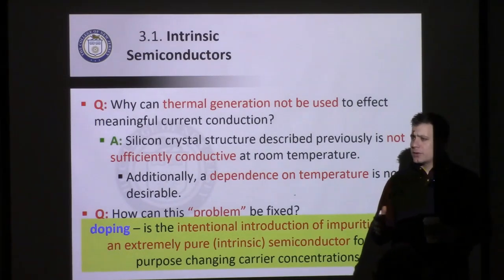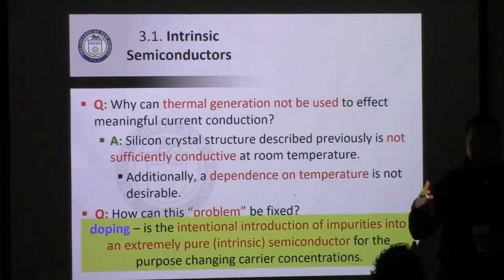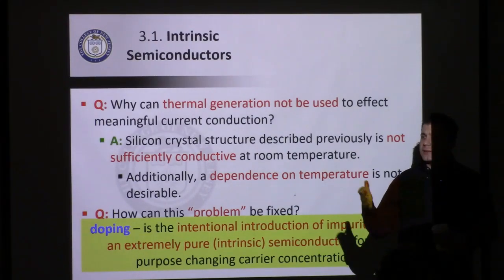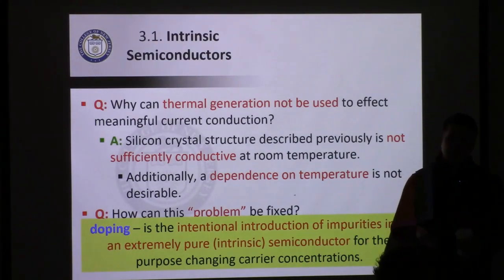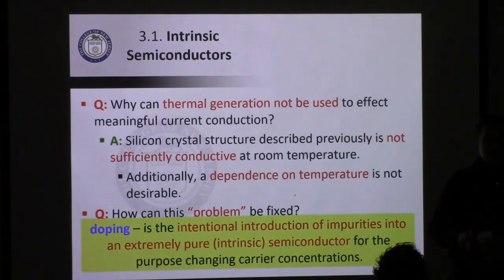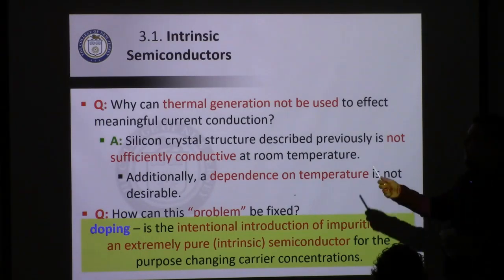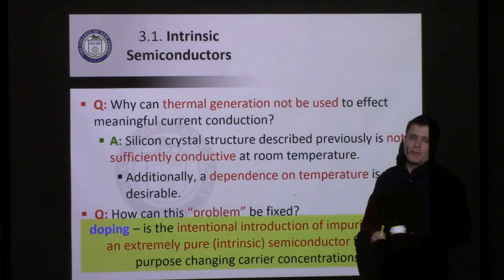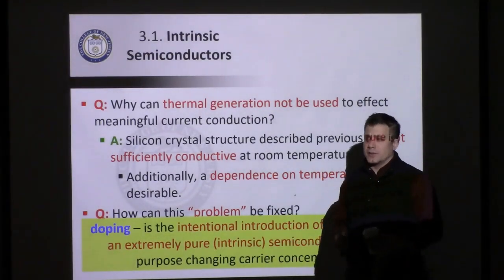A lot of the work that we do in device design is to reduce effective temperature dependence. We want something to work the same at room temperature as it does in that range. We don't want the iPhone to work differently when it's cold outside. So that's, besides the fact that it doesn't provide us significant current conduction, it's not really the independent variable that we're looking for. We're not looking to control things with temperature.